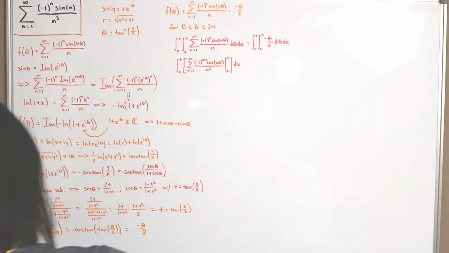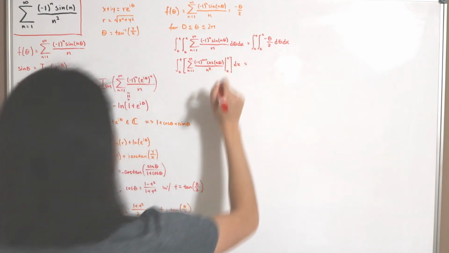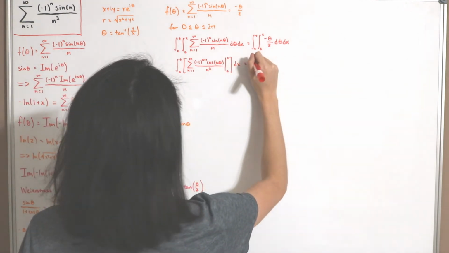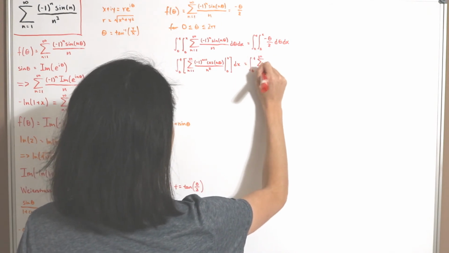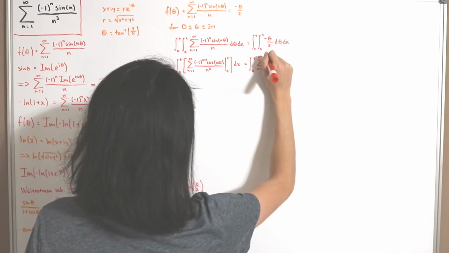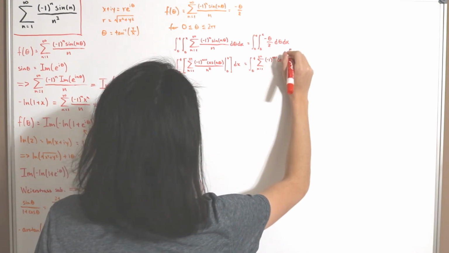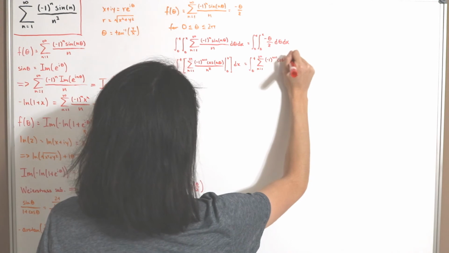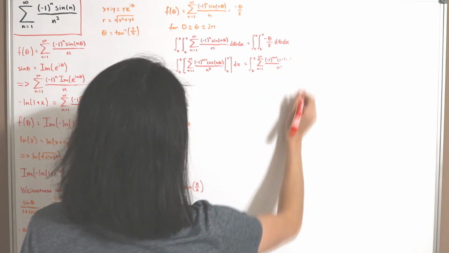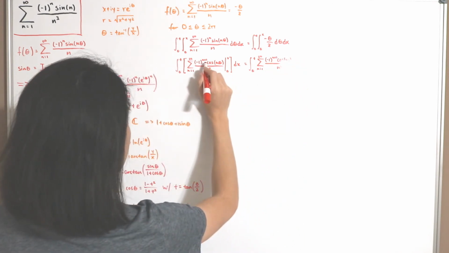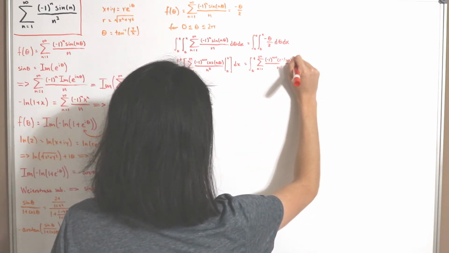Okay, so continuing forward, we evaluate our bounds. This is the integral from 0 to t of our infinite series, n equal to 1, and plugging in x, we get negative 1 to the power n plus 1, cosine of n times x, divided by n squared. Then I can factor out a negative 1 so that the negative becomes a positive over here.